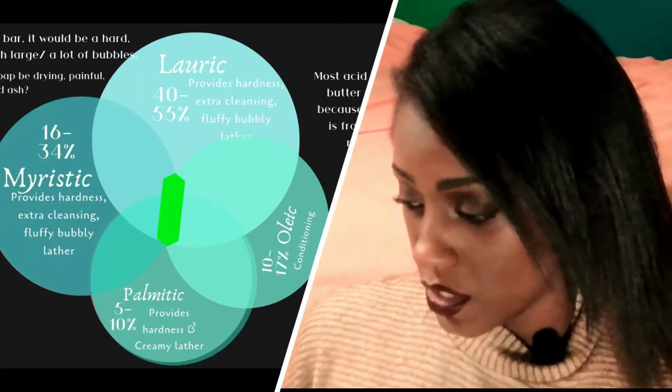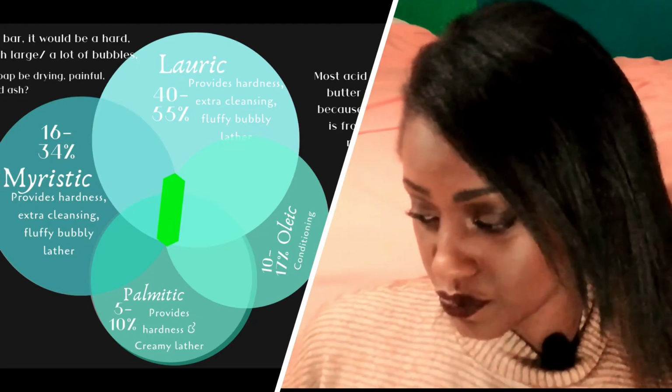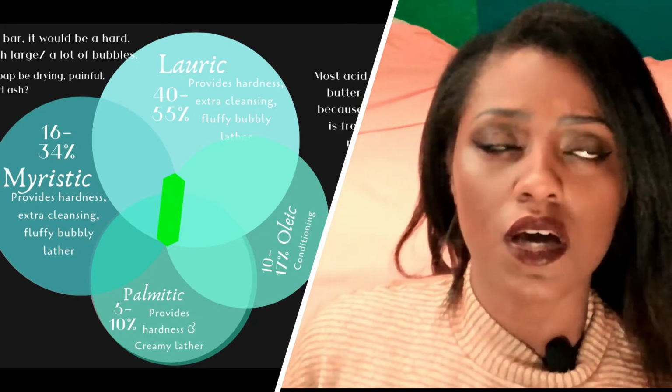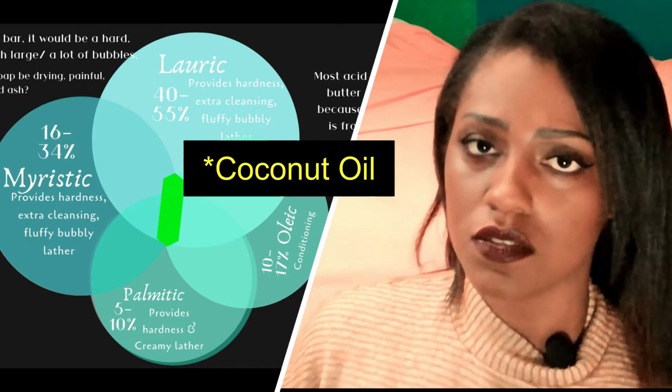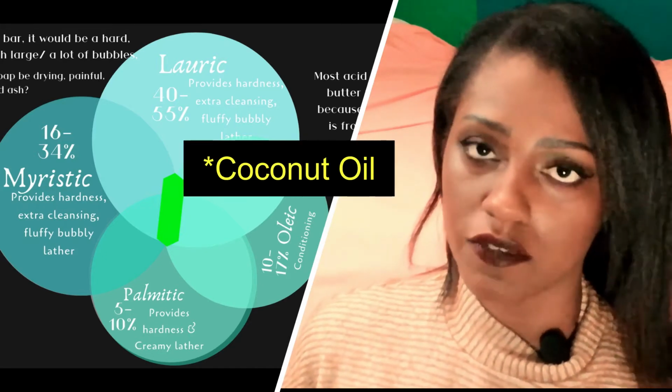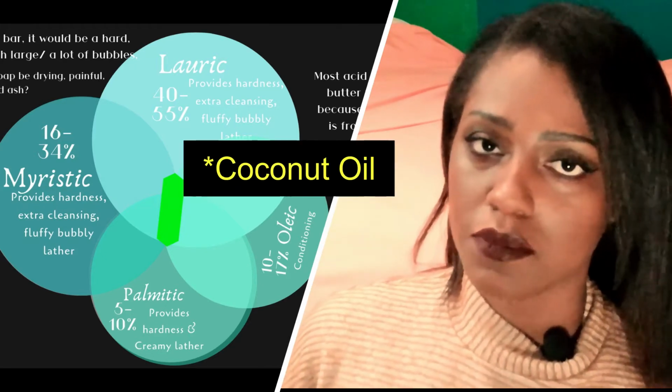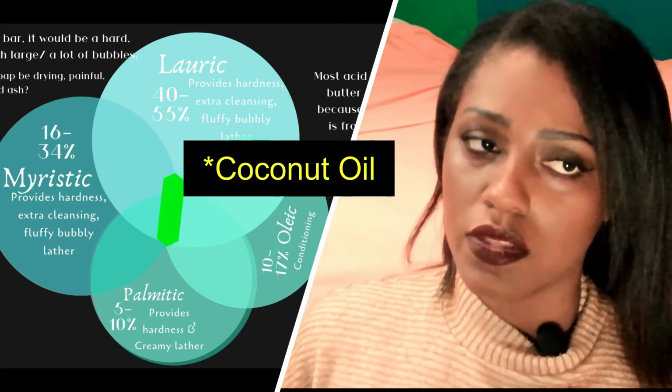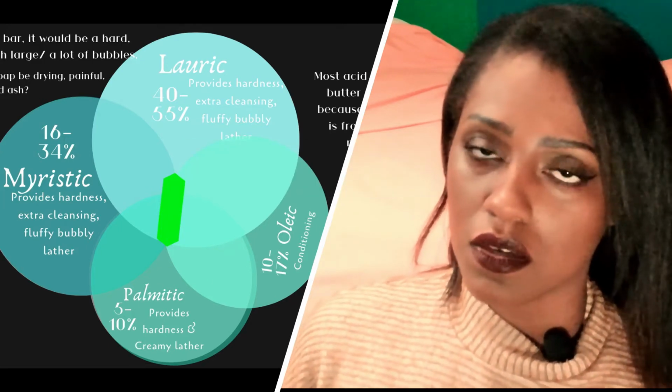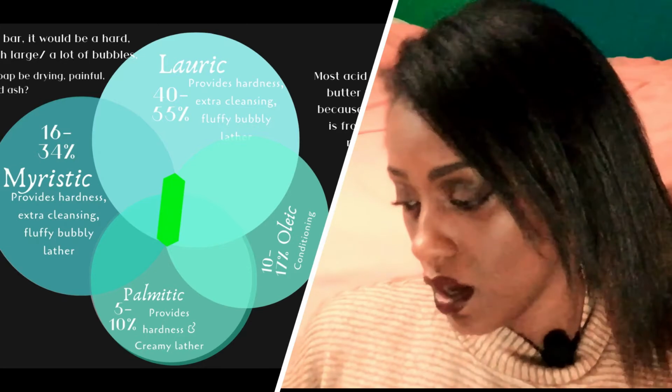So I found that to be very interesting. The highest one is lauric, which is the acid that everyone loves in coconut butter. If you're a lover of coconut butter, that's typically the acid that makes people love the butter.